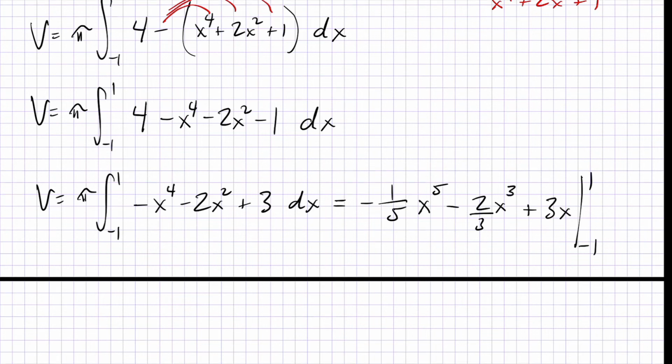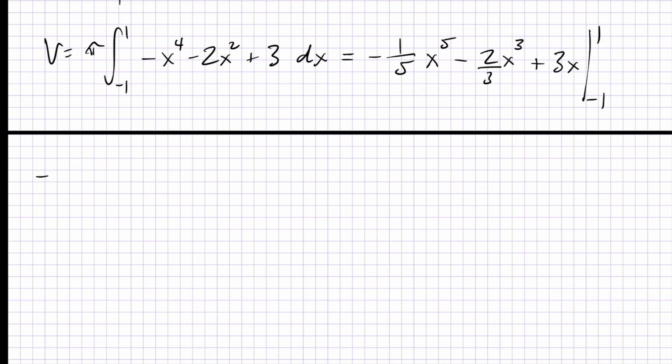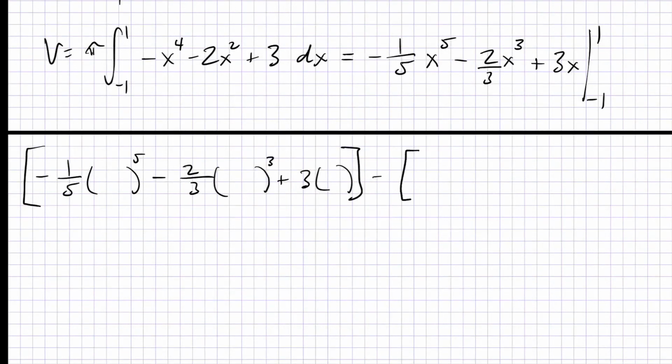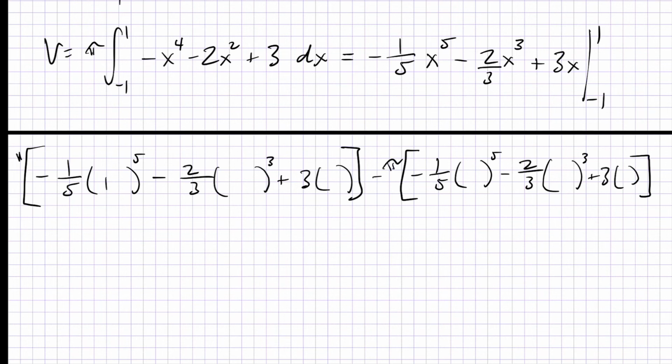So negative 1/5 minus 2/3... Okay, I'm going to plug in a 1. Oh, yeah, each one of these has a pi in the front. Then plug in 1, plug in negative 1.